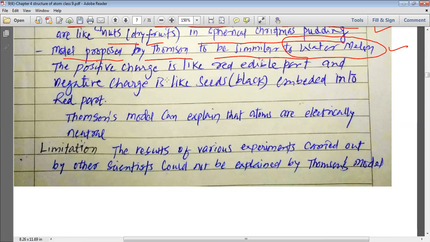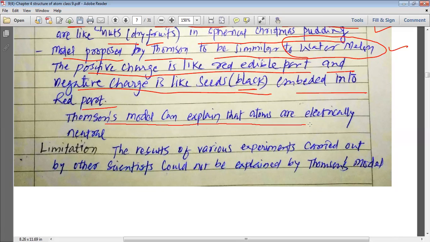One is the red part, and there are black seeds embedded in the red part. In the same way, like the watermelon, the positive charge is like the red edible part and the negative charge is like the black seeds embedded in the red part. So Thomson's model can be explained by using two examples, either the Christmas pudding or the watermelon.